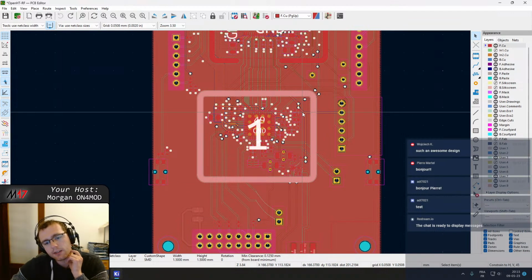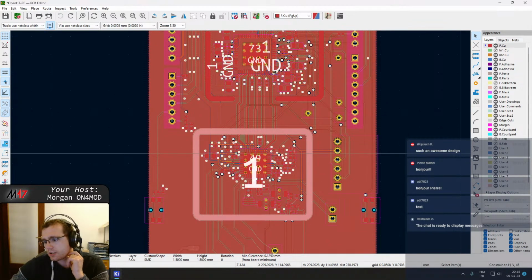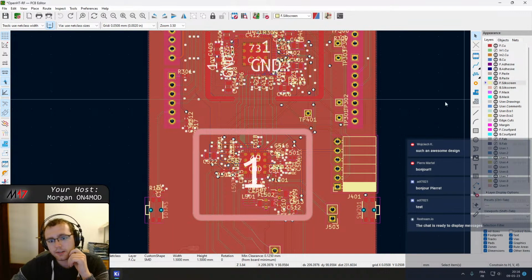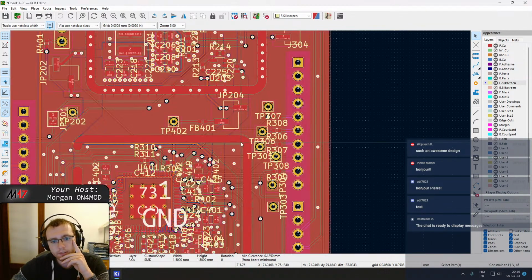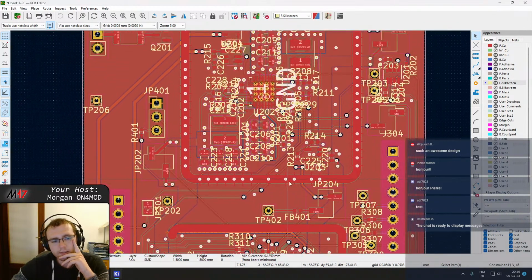After placing the shield, and if I remember correctly what I said, we should be able to start doing the cosmetic changes. Mainly update the silkscreen, which you can see is a mess. It's not good.